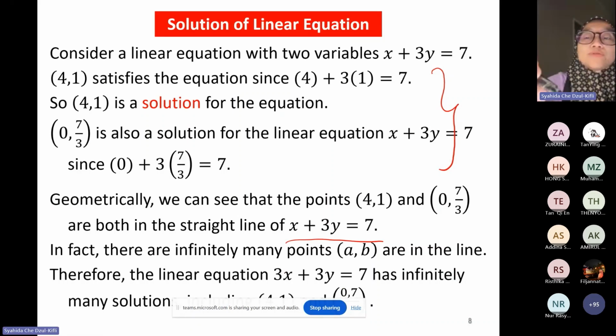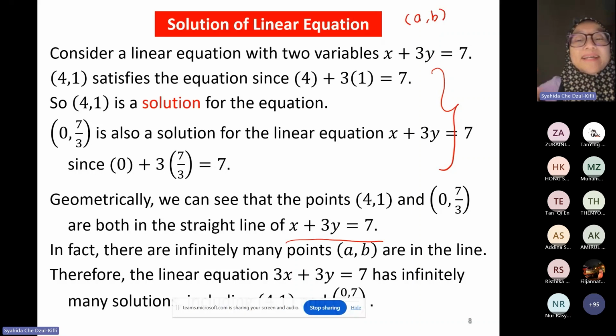Another thing that I want you to know: if we have a linear equation with 2 variables, therefore the solution is presented in 2 component points.